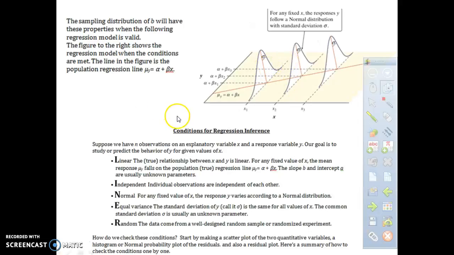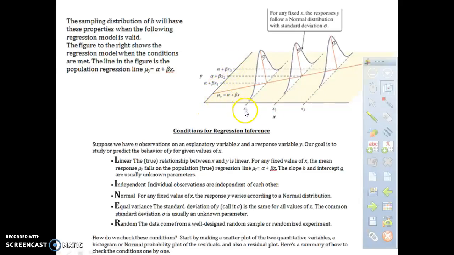Okay, now, we need to know our conditions for inference for slope or for regression. And this diagram right here illustrates what you need to know for that. What we have is the actual regression line, the true regression line running through, okay? And then we have x's. Remember that we have explanatory variables and we have response variables along the y-axis.